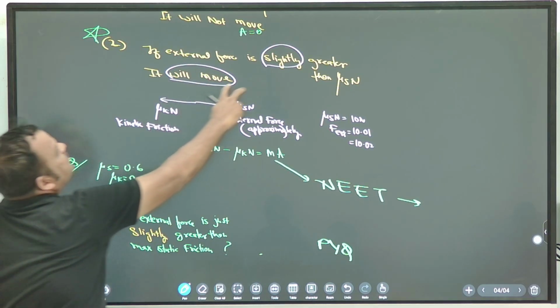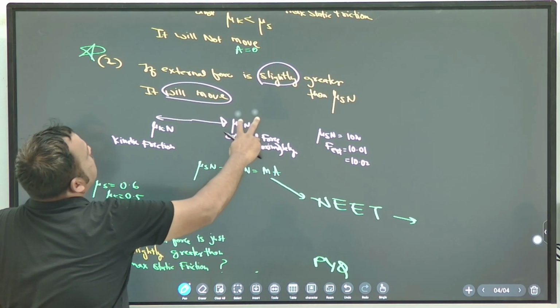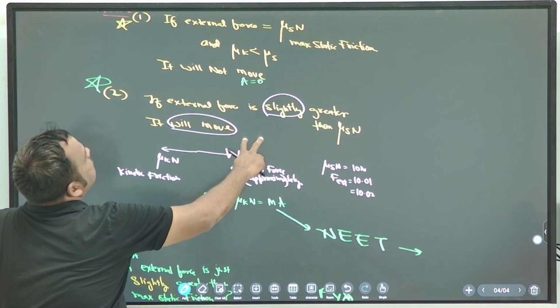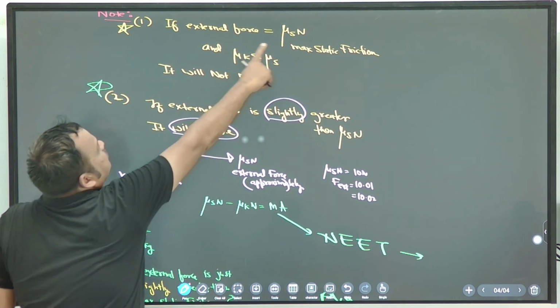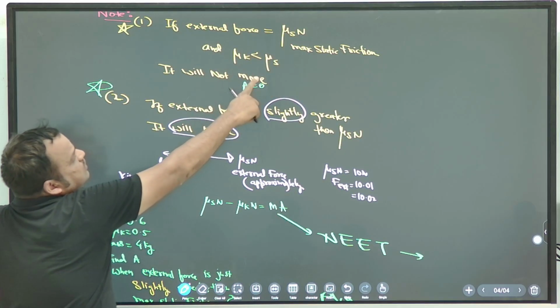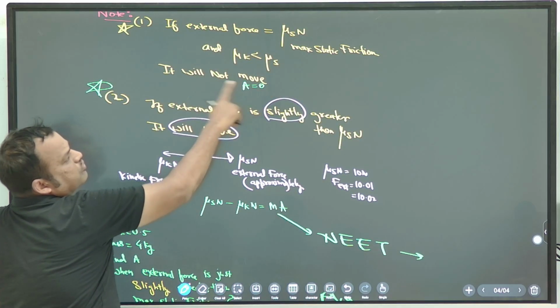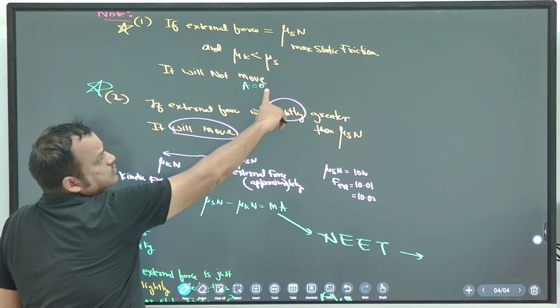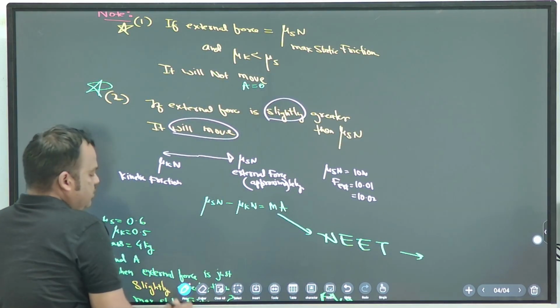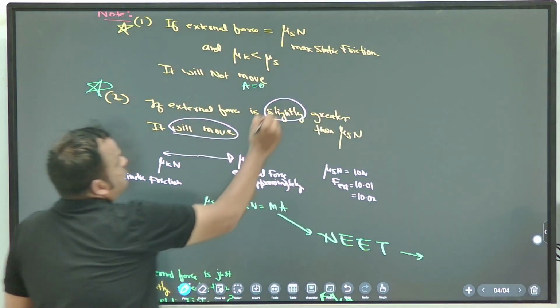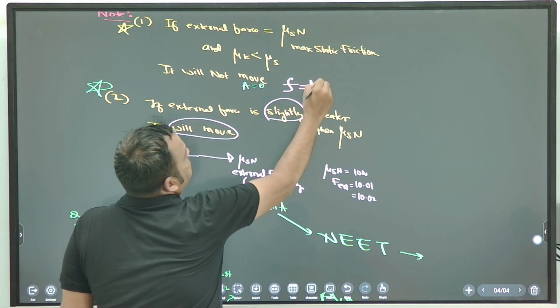If external force is equal to mu Sn, then block will not move. Acceleration 0. And friction will be mu Sn.